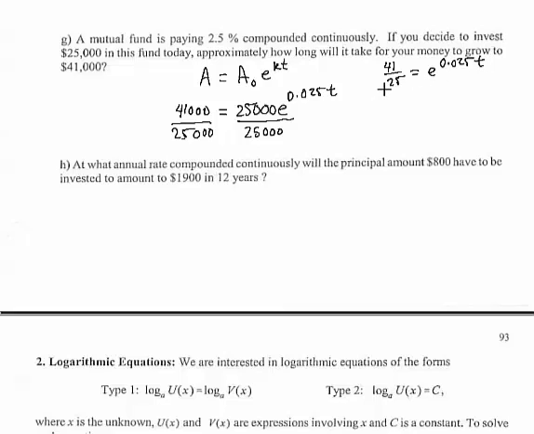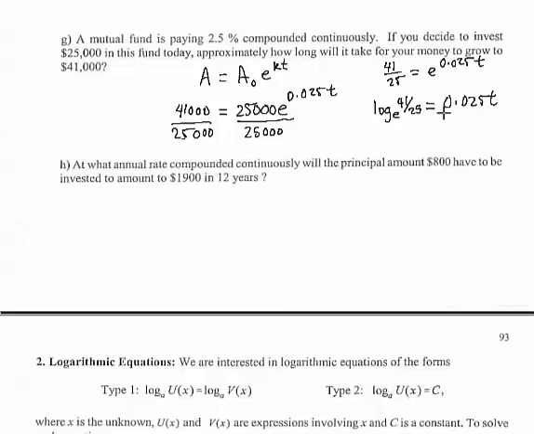To solve this, we convert it to the logarithmic version. This is a type 2 equation again. So we write log on one side of the equal sign and the exponent on the other. The base of our log is e, and the argument would be the 41 divided by 25.